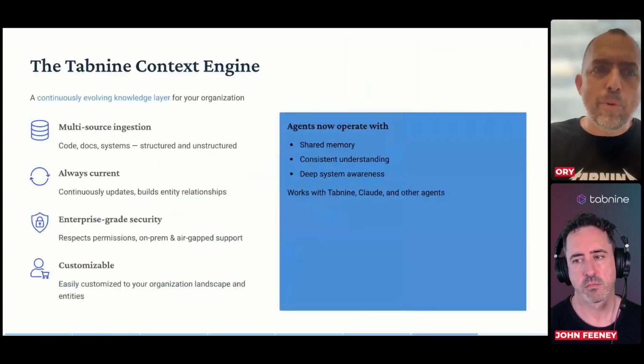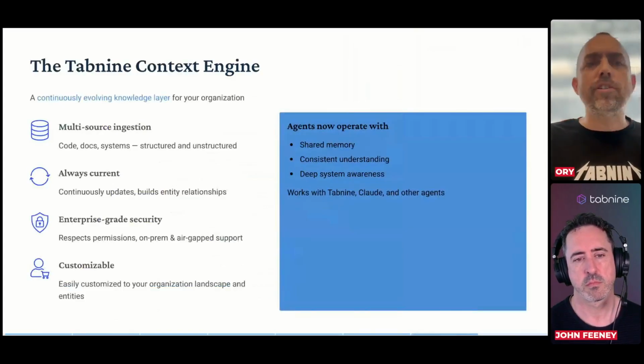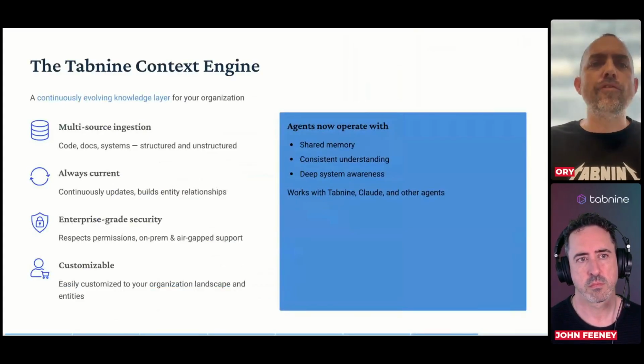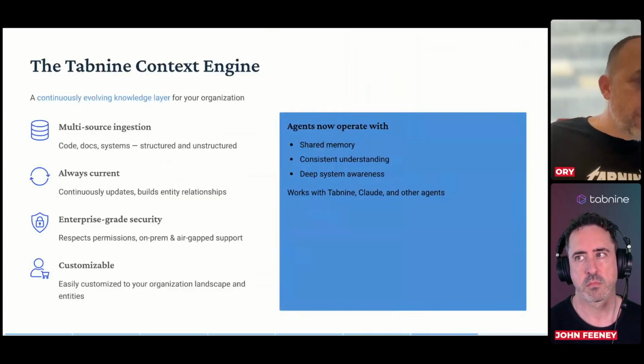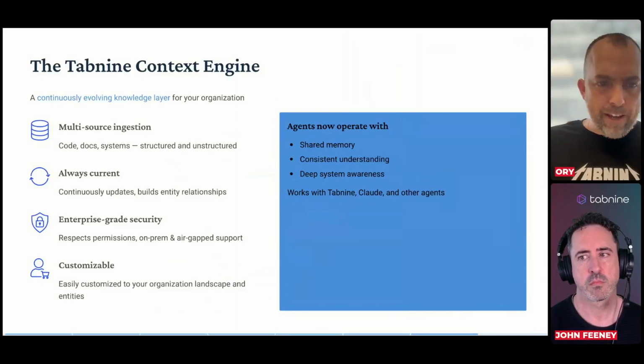So summarizing all this up, what is the Tabnine Context Engine? A continuously evolving knowledge layer that is specialized and personalized for your organization. You can ingest multiple sources. It's always up to date.